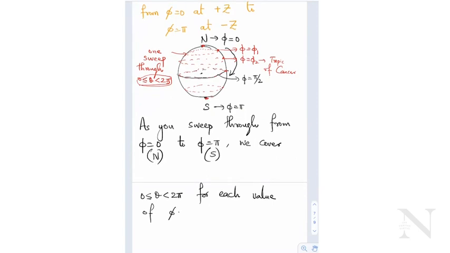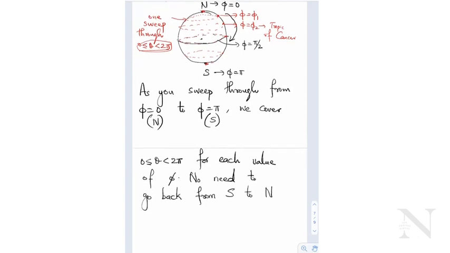So there is no need to go back from the South to North Pole, or no need for phi to be 2 pi.